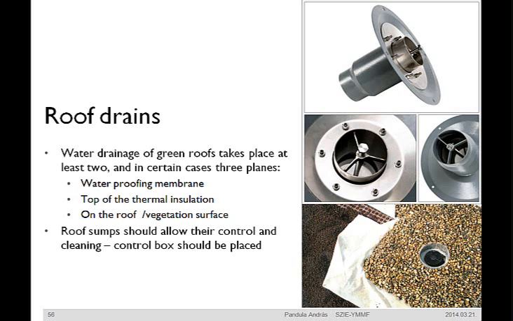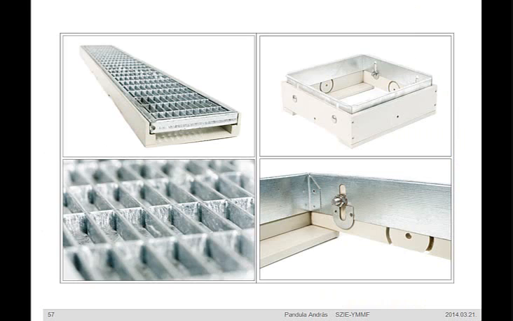The roof drains should allow control and cleaning possibility, so therefore on the top of the drainage points a control box should be placed. Different manufacturers provide proper solutions for control boxes and grills which could be placed in front of roof doors, terrace doors and terrace windows.